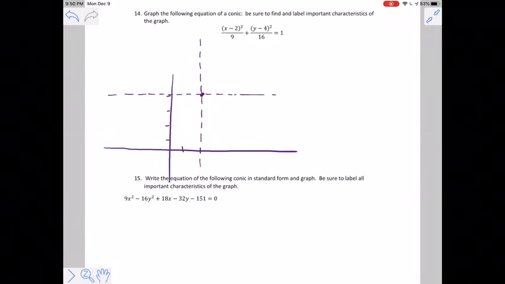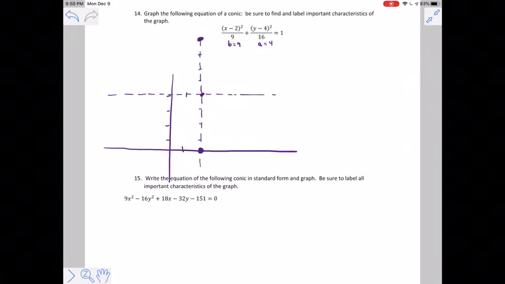And then for ellipses, the largest value is a. And since it's here with the y variable, that value is going to go on the y-axis. So up 4 units in each direction. So here's 4. Those are the endpoints of the major axis.